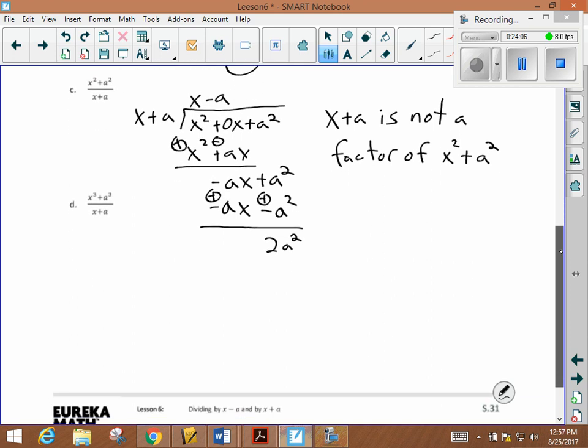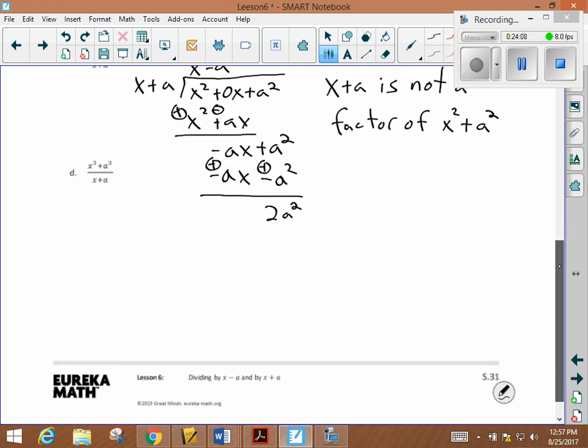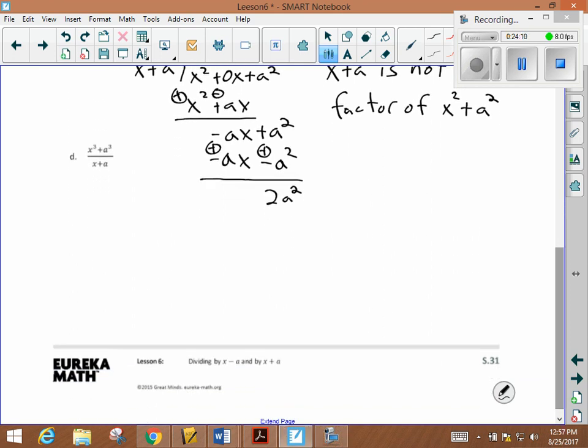All right, and then I'm just going to go ahead and let the cat out of the bag on D and tell you that x cubed plus a cubed, that's sum of cubes. Now, it's different than squares, right? There's no difference of squares. Oh, sorry, my bad. There is a difference of squares, but there is no sum of squares.